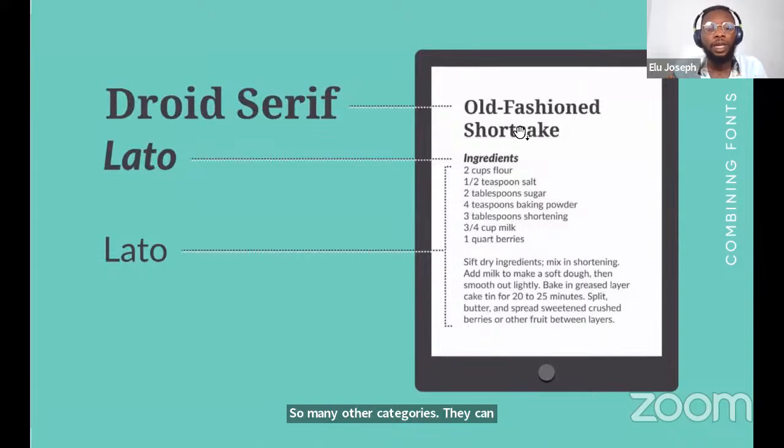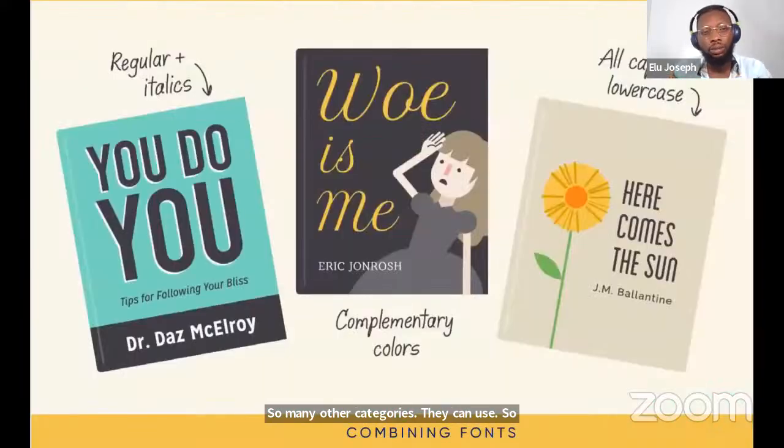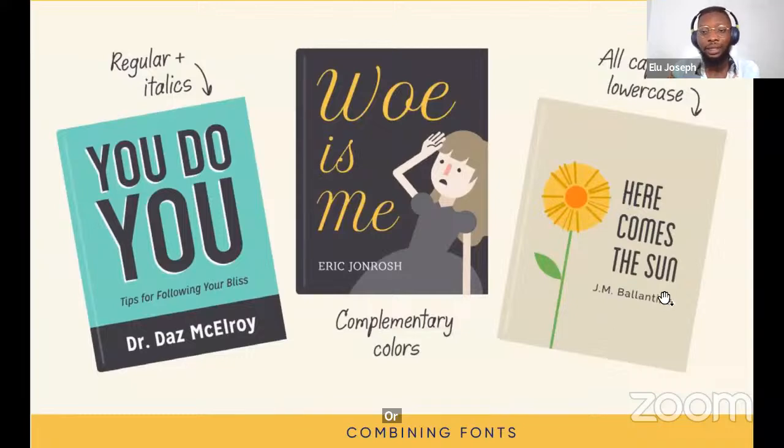Now, in combining fonts, you can combine long, taller fonts and shorter fonts, or scripts and serif, or all uppercase and lowercase, which are all ways to combine your fonts.